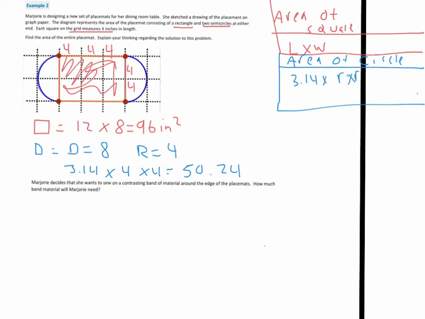Okay, so now that we know that this region and this region is 50.24, we can go ahead and add up, well, what was the total area? We have 96 inches squared for your rectangle plus 50.24 inches squared for the circle, the two semicircles.